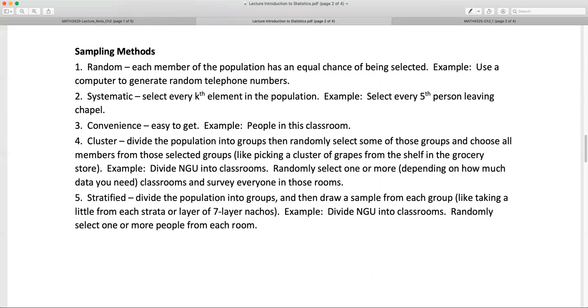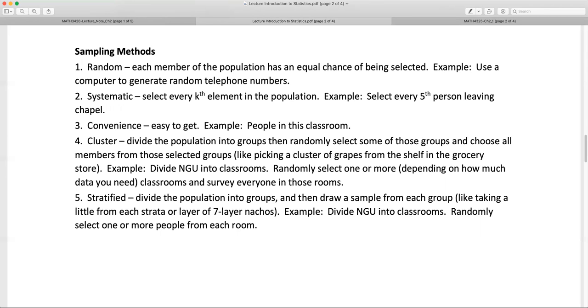For example, use a computer to generate random telephone numbers. And systematic is this: select every kth element in the population, so every fifth or every third item or person. That method is called systematic. The example is selecting every fifth person leaving the chapel.